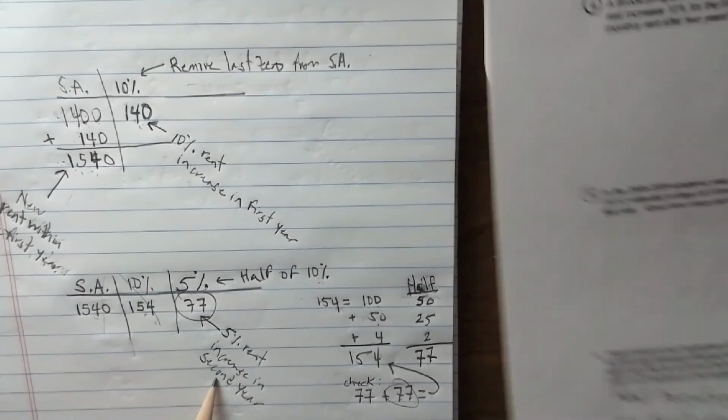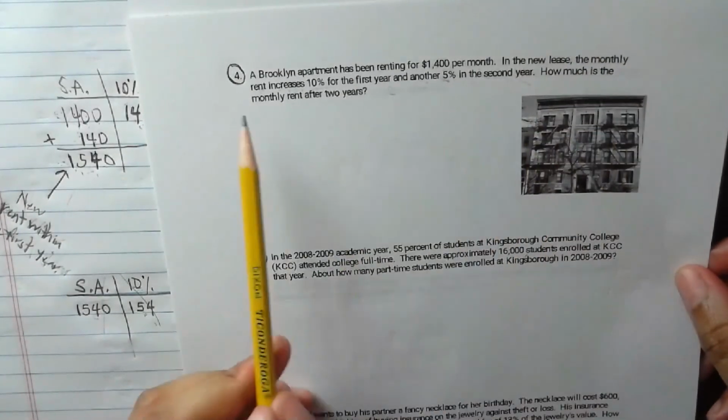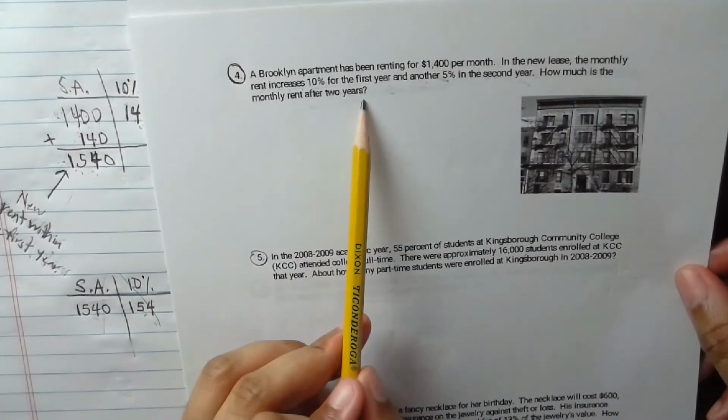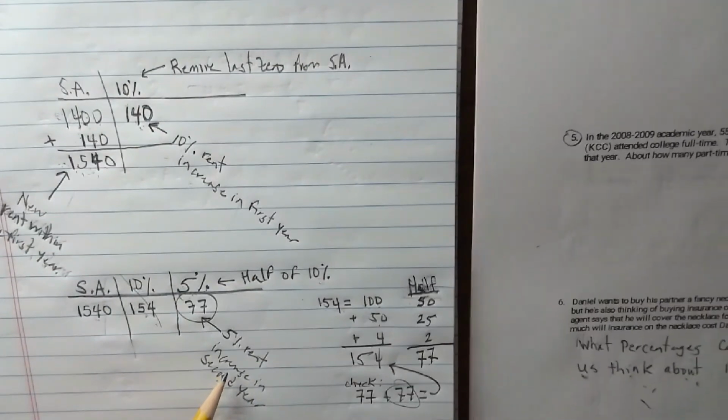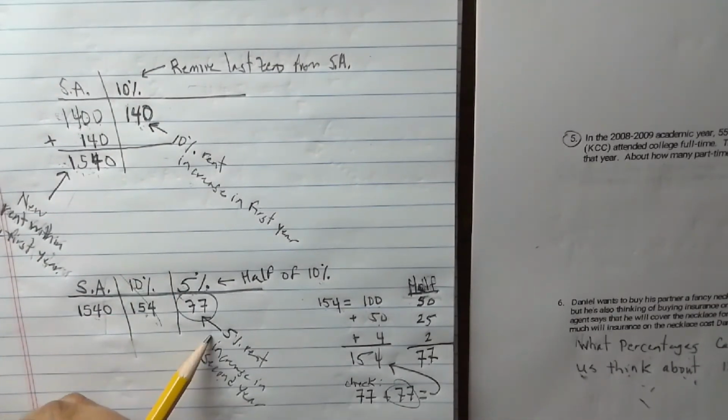Okay, so did that increase actually take place? Let's refer to the question. How much is the monthly rent after the 2 years? So that means the second year now went by, because they said after the 2 years, the second year now went by, so that increase actually happened.